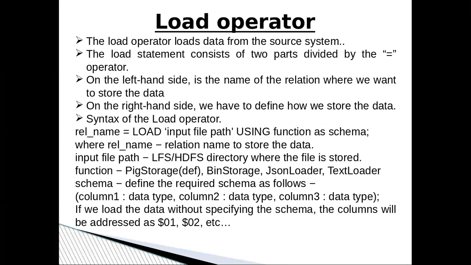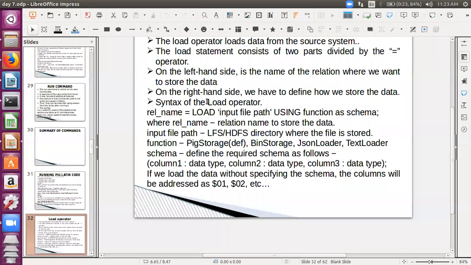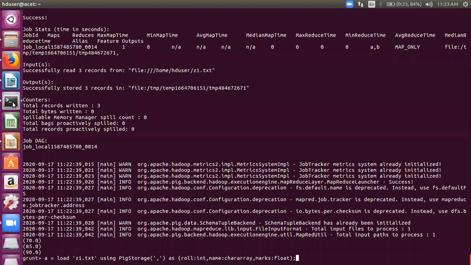This is the load operator, a very important one. This will start your analysis. You need to load the file first, so you must understand what it means. It's very important. Okay. And remember, right now we are working with the local file system. That's why there is no path; if it is HDFS, then you must give a proper path here. If you just write z1.txt here, and suppose we are using HDFS mode, then where would this file z1.txt be located?